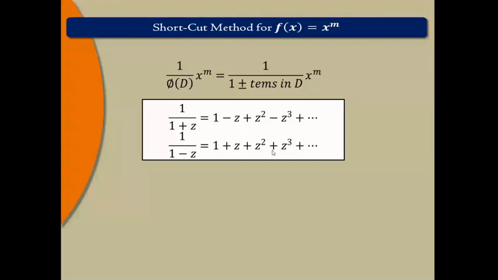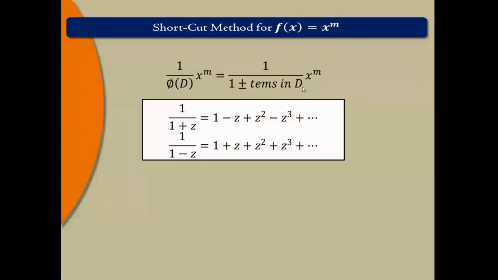If you have minus, then all the terms are positive with all powers of z. And if it is plus, then alternate plus minus with all powers of z. Okay, so it is very easy. Just try to write this phi of d in the form 1 plus terms in d or 1 minus terms in d. And then by using these formulas, do the expansion.